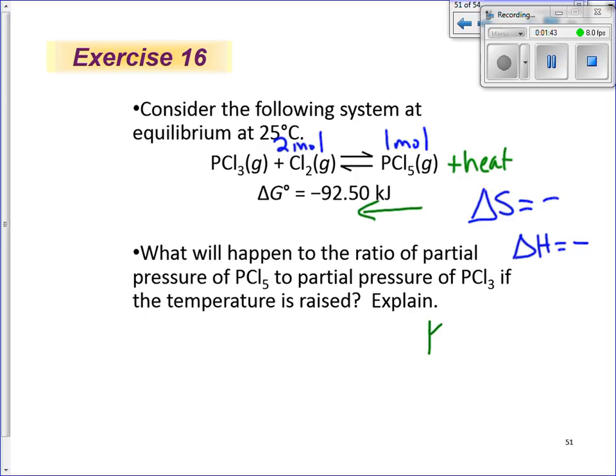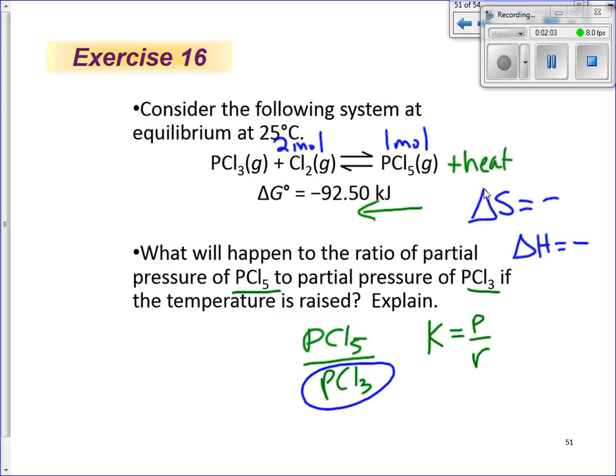So yes, if K is products over reactants in this case, PCl5 is a product over the reactant. Okay, if we're shifting to the left, the reactant's getting bigger on the bottom there. So what's happening to your ratio? Ratio is going to decrease.